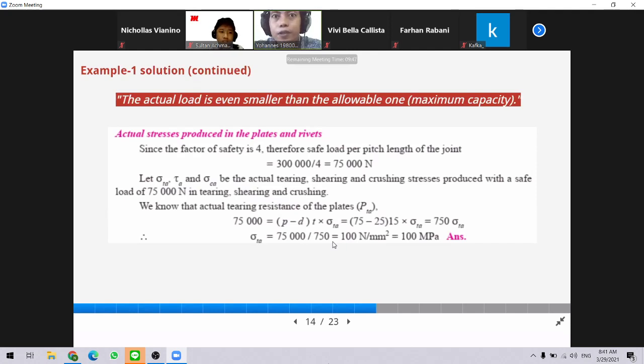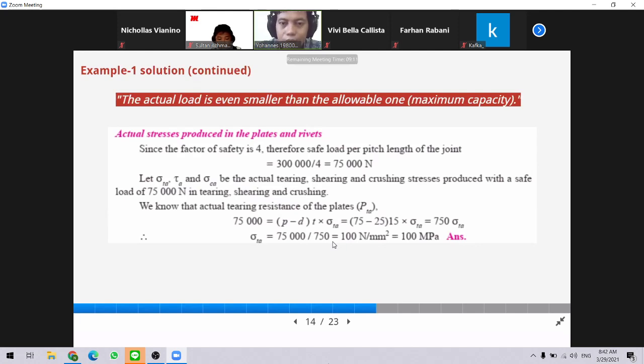Then we put the safety factor in the calculation, which reduces the strength, because we divide by 4. And after we find the actual load, the load that is informed to the customer, then we can calculate another stress based on this load.